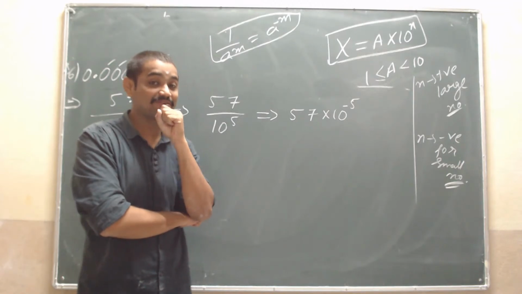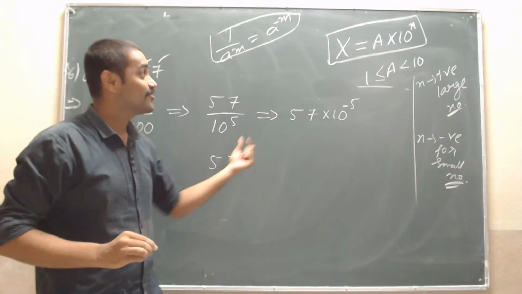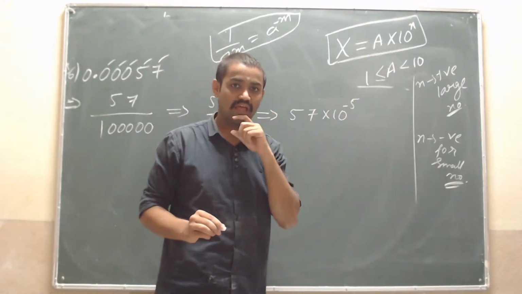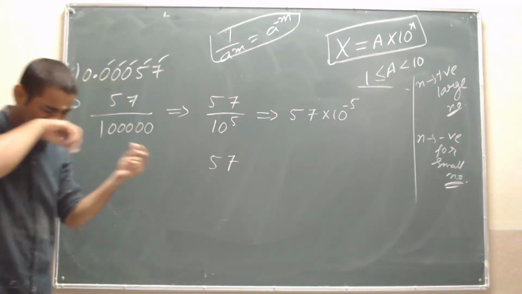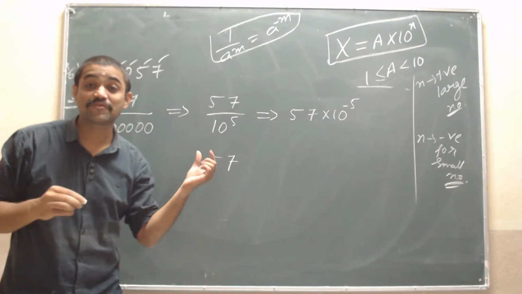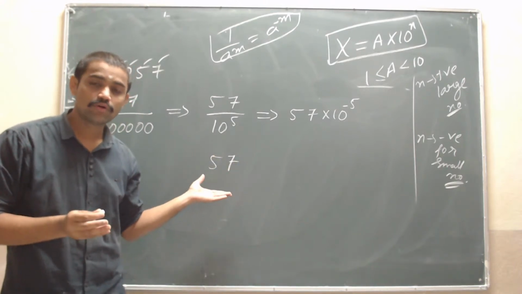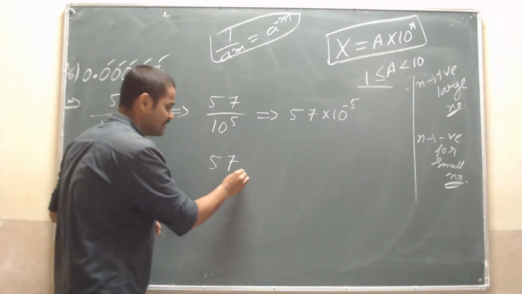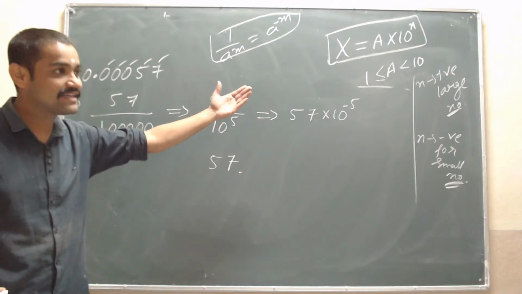Now we have to convert this 57 into this form. We have to reduce 57. The a value must exist between 1 and 10, so 57 is wrong. So we have to put a decimal point here, like we did with larger numbers.